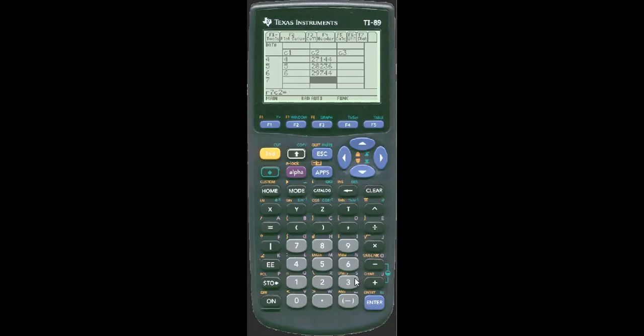Okay, I entered all data. Okay, just check if we entered the right points, right numbers.